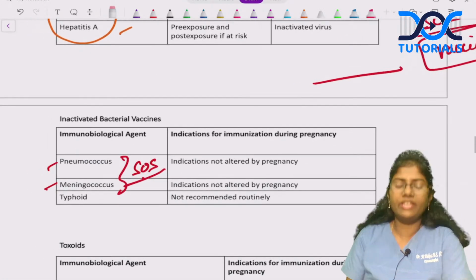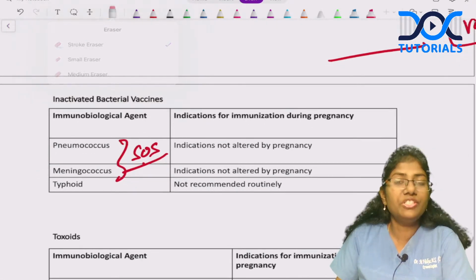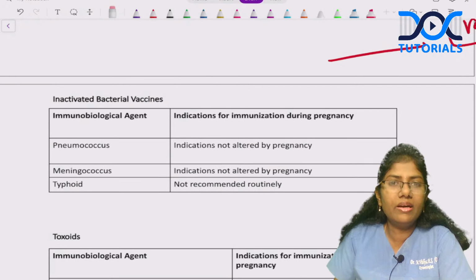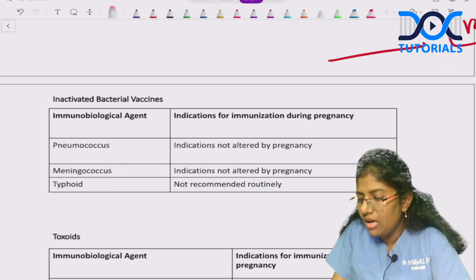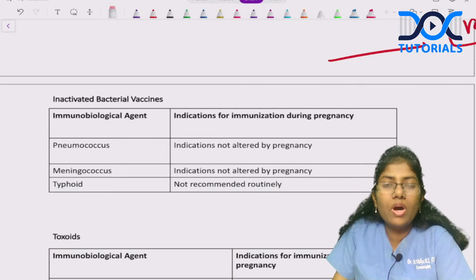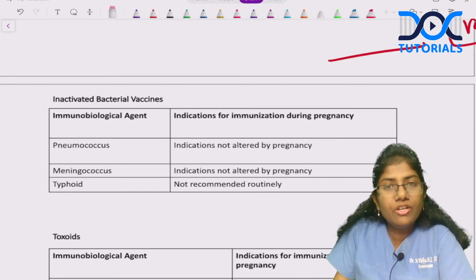So, I told you there are a few viral vaccines which can be given during pregnancy, and they are influenza vaccine, rabies vaccine, hepatitis A and hepatitis B. I told you there's one viral vaccine which, despite being a subunit vaccine, should not be given during pregnancy.